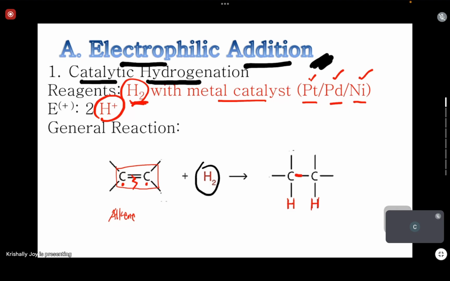So, naging single bond na. Then, na-add na ngayon yung dalawang H+, galing sa hydrogen gas. And this is not an alkene anymore, but an alkane. So, yung product pala, kapag catalytic hydrogenation of alkene, the product is alkane.